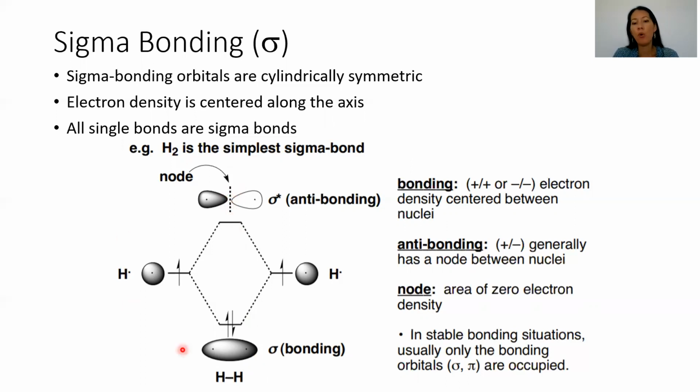That would negate the whole thing. That molecule should not exist. So the whole point is electrons in the sigma bonding orbital are going to create your bond. Anything in the anti-bonding orbital, sigma star, destroys part of that.